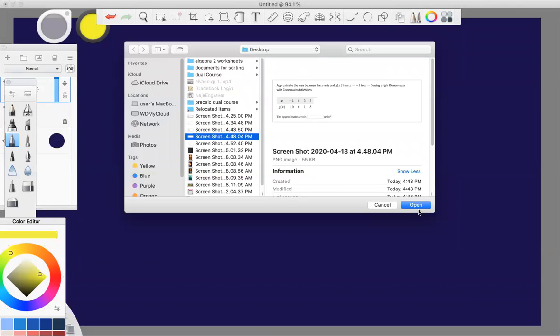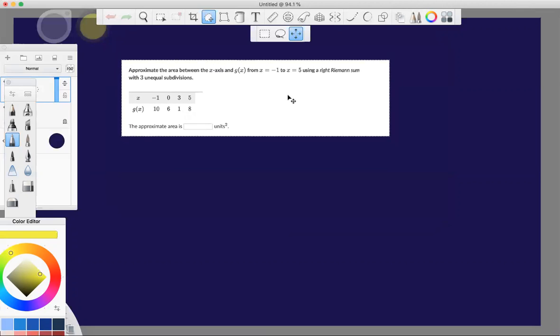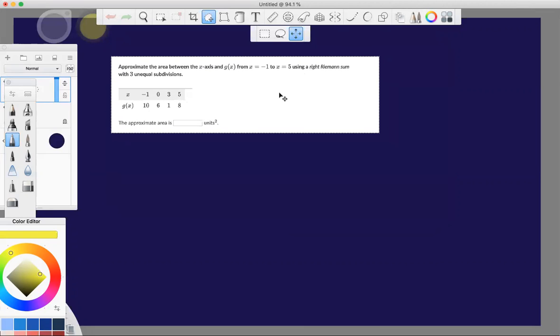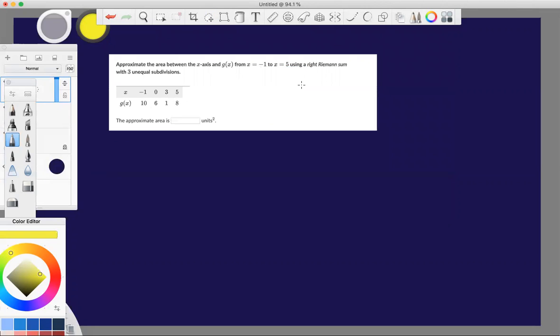In some cases, the problem doesn't give us a graph. However, it does give us a table. Now let's first try to examine the problem.